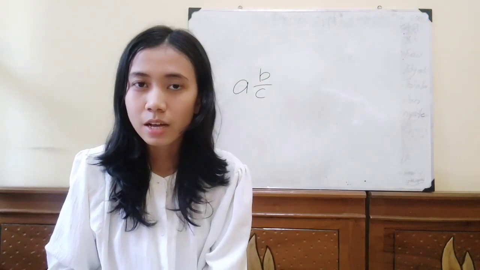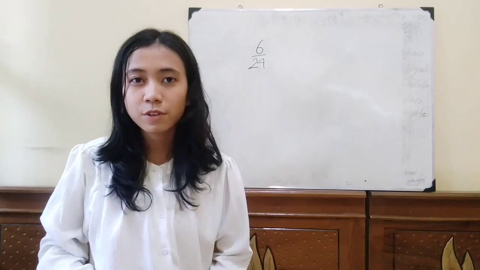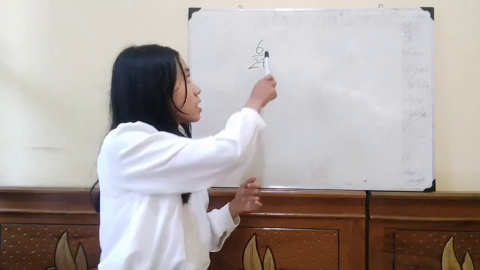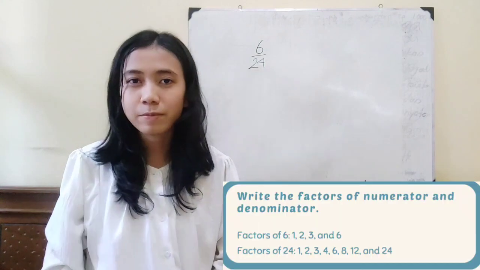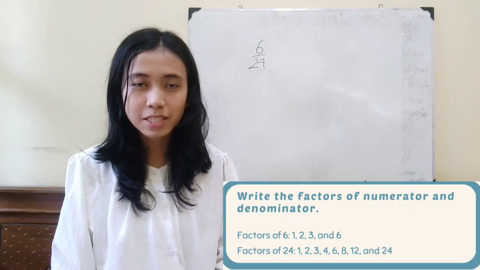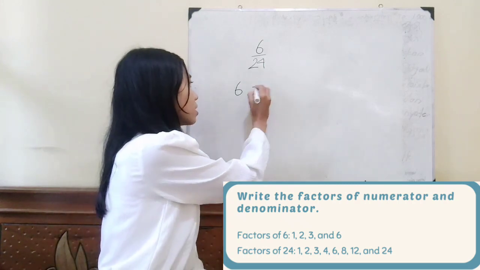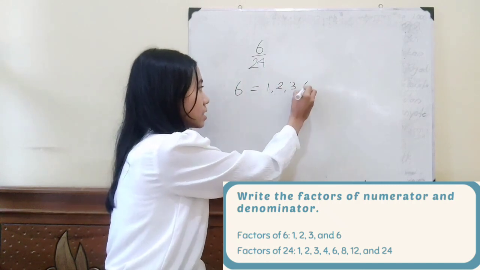Next is how to simplify a fraction. For example, how to simplify the fraction 6/24. The first step is to write the factors of the numerator and denominator. The factors of 6 are 1, 2, 3, and 6.